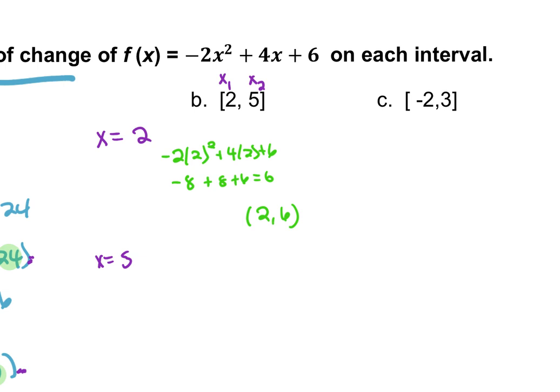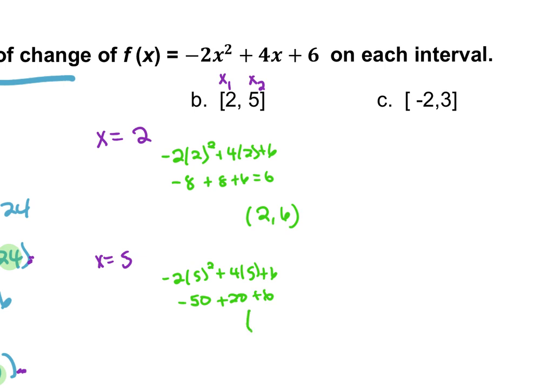And then similar process, I'm plugging in x is 5. So negative 2 times 5 squared plus 4 times 5 plus 6. 5 squared is 25 times negative 2 is negative 50 plus 20 plus 6. Negative 30 plus 6, negative 24.